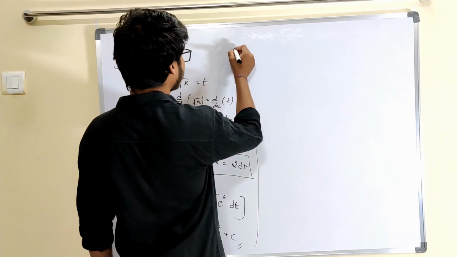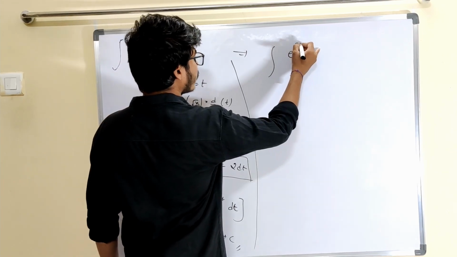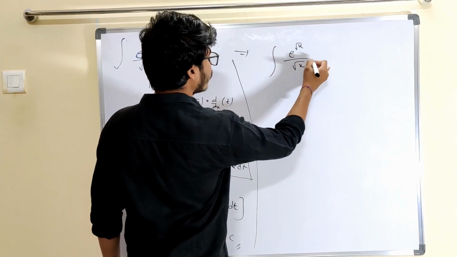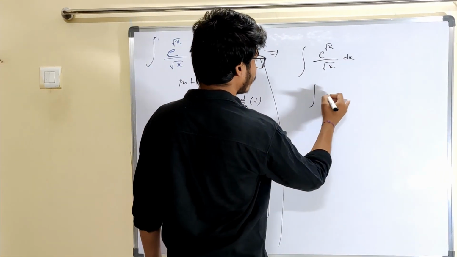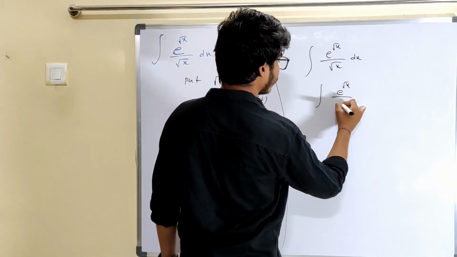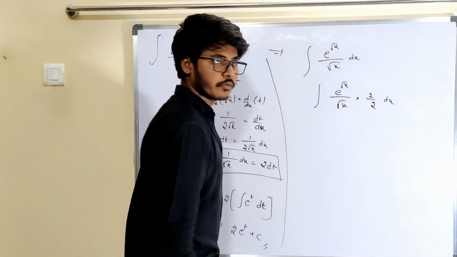Here given integral e power root x by root x dx. Now we will multiply with 2 by 2.